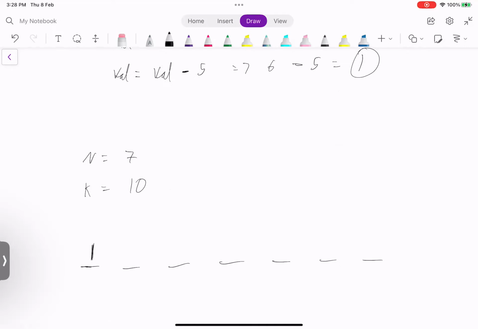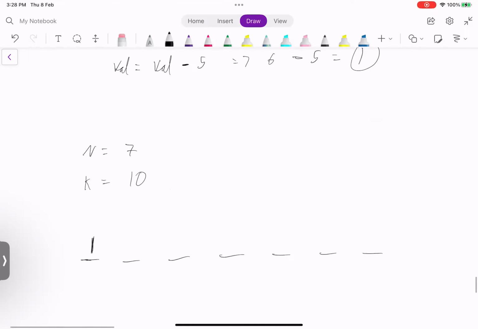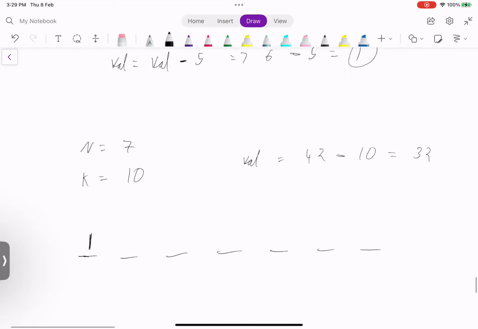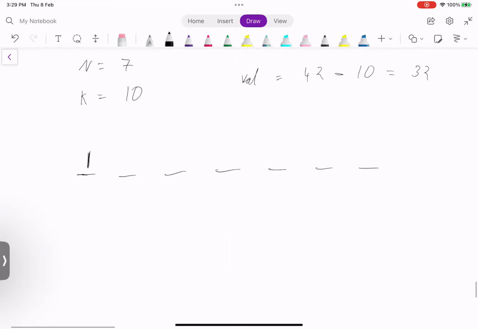We are just putting 1 in the way we are constructing. Now the value is 49 minus 10, right? Not 49, 42 minus 10, which is 32.